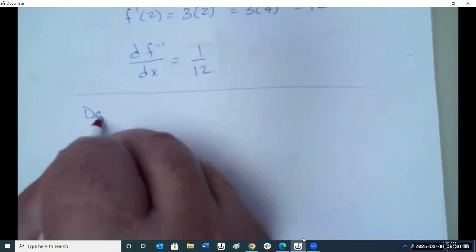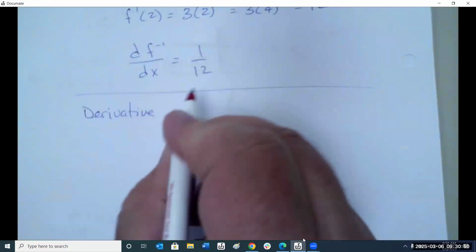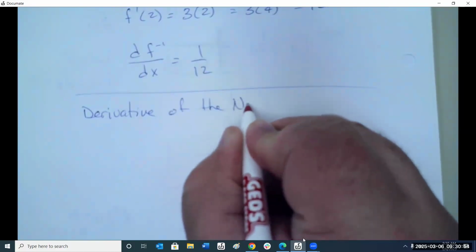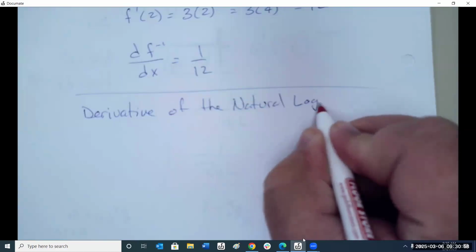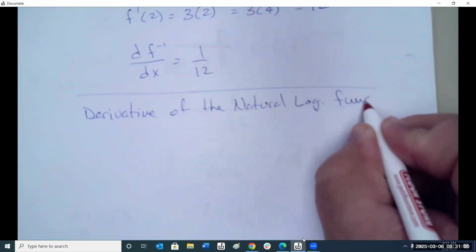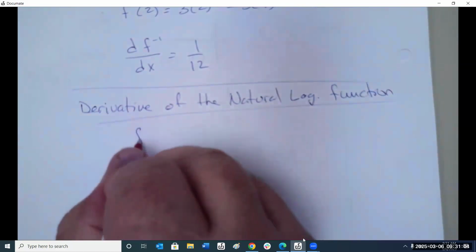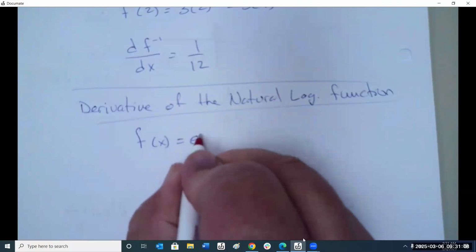Okay, now we have the derivative of the natural log function. In other words, we're looking at the natural log function, so we're going to look at this function here.